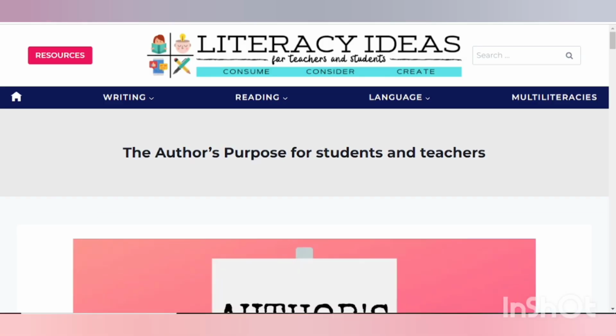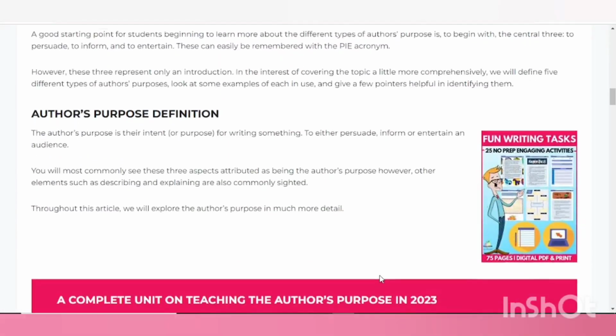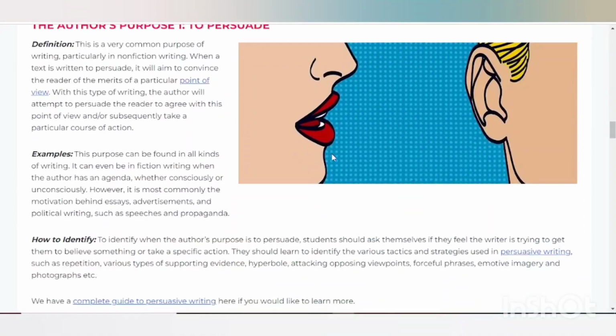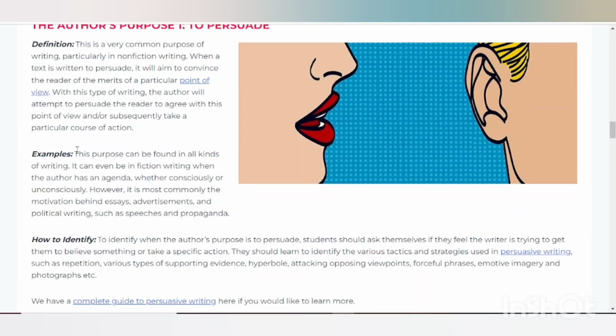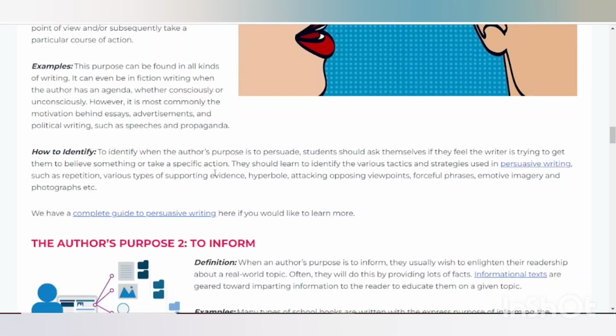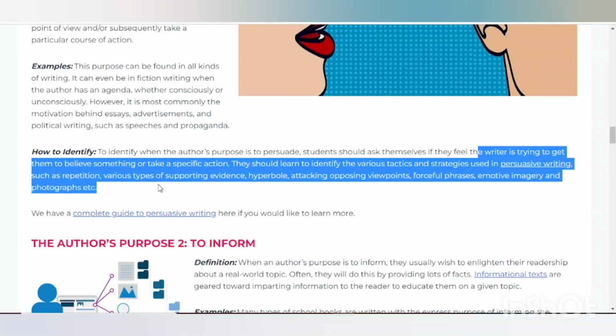So I came across this website. The first purpose, if it's a passage to persuade, then the author is aiming to convince the reader, right? How you can identify a persuasive passage is, students, you should ask yourself, do you feel the writer is trying to get you to believe something?